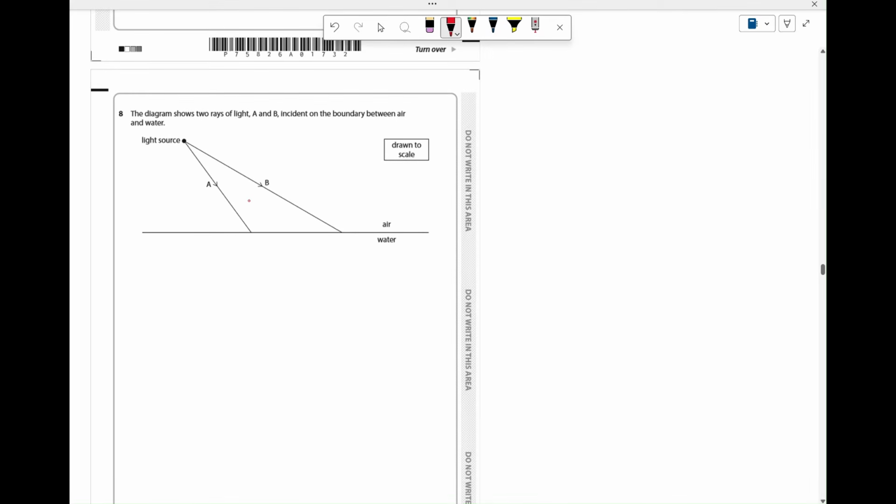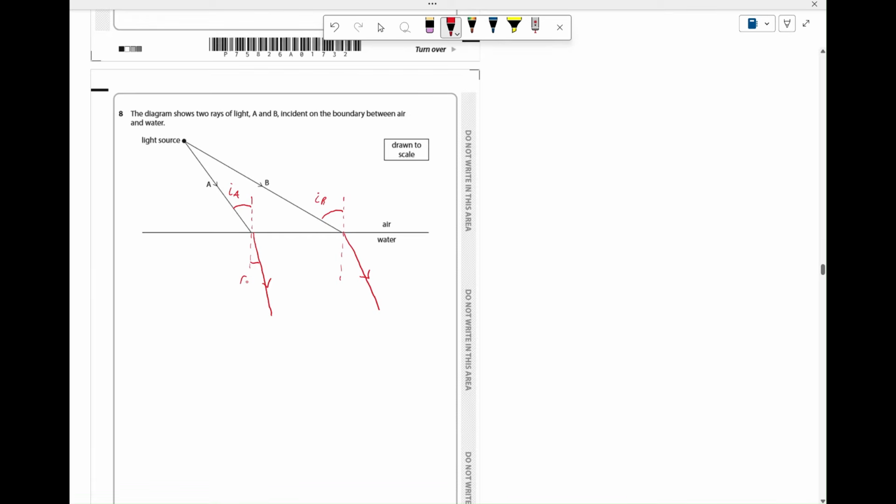So always draw the normal, okay, and when we're going into a denser medium, it's going to bend towards the normal. So I think the interesting angles here are, that's my angle of incidence for A, that's my angle of incidence for B. Angles of incidence are always between the ray and the normal.